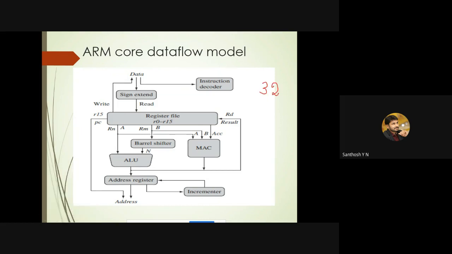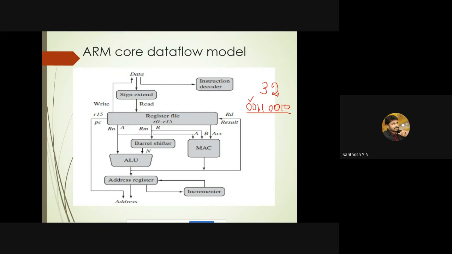So 32, this is 8-bit data: 0, 0, 1, 1, 0, 0, 1, 0. This is the binary representation for 32. So what is the MSB? The MSB of this whole data is 0.